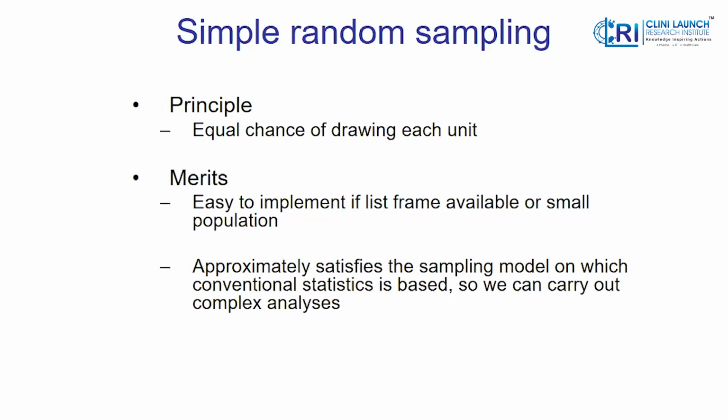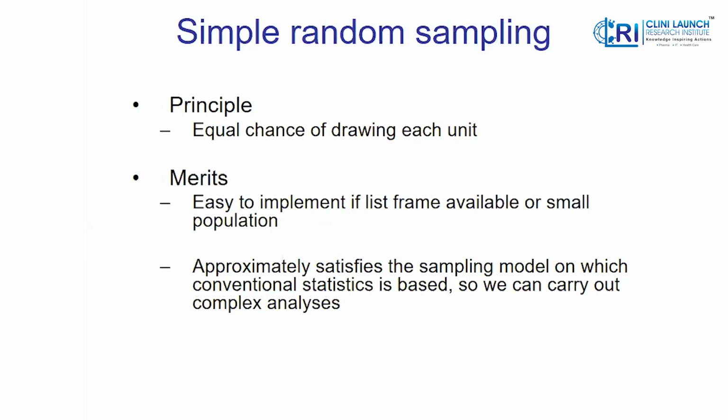If you see, the principle behind simple random sampling is an equal chance of drawing each unit. Now, I have told you that in simple random sampling there are two things. One is simple random sampling with replacement, and the other is simple random sampling without replacement.